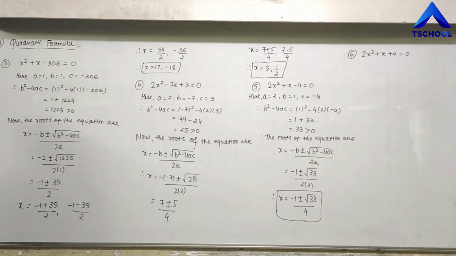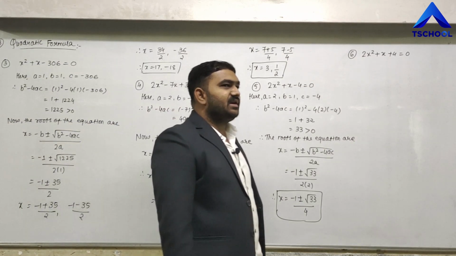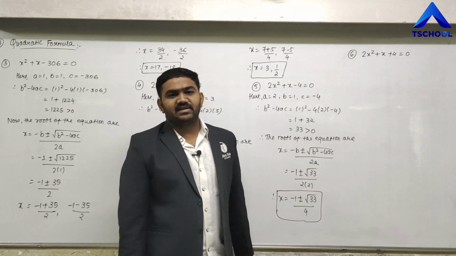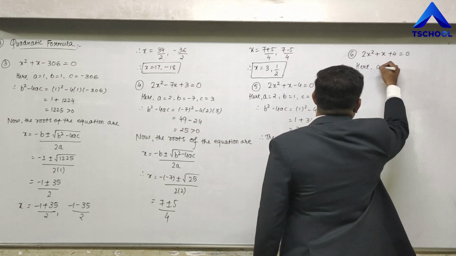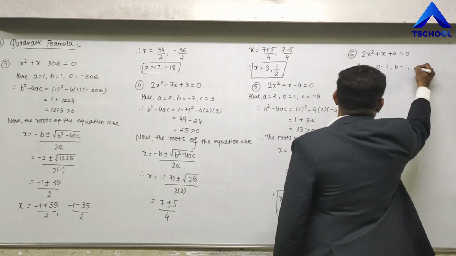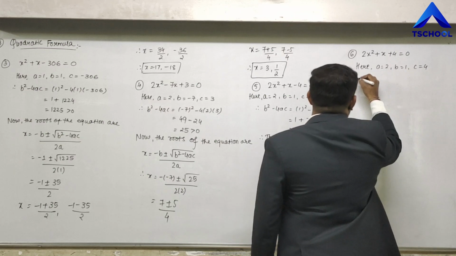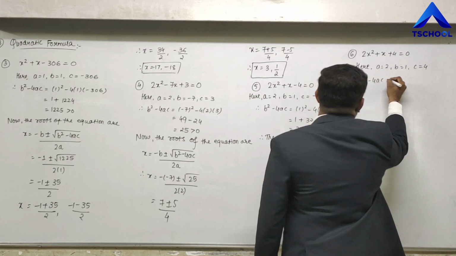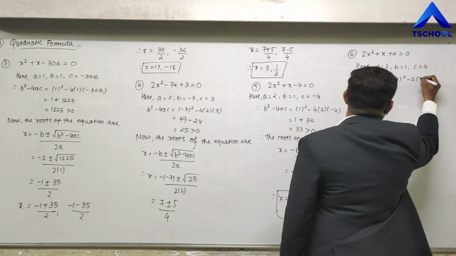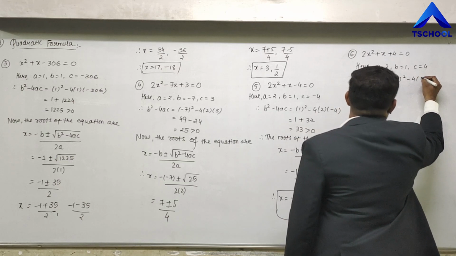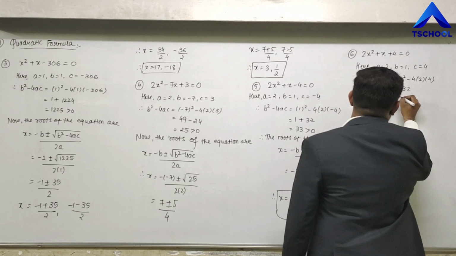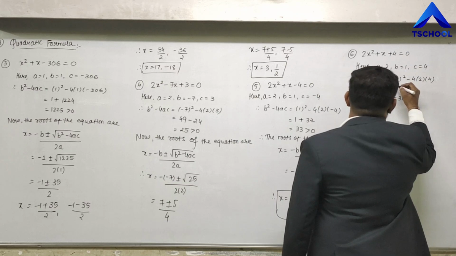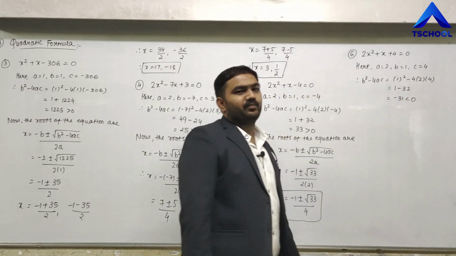Sometimes the paper setter might trick you by giving this kind of example, and if it is said to find the roots of this equation, then what will you do here? a equals 2, b equals 1 and c is equal to 4. Therefore, b square minus 4ac, that is 1 square minus 4 into 2 into 4, that is 1 minus 32, which is minus 31, less than 0.